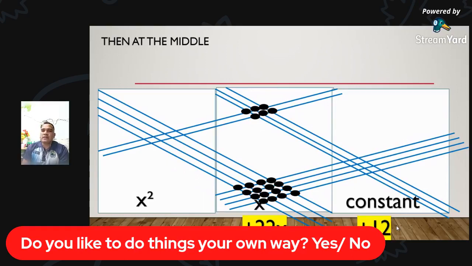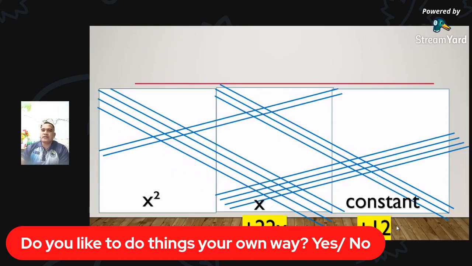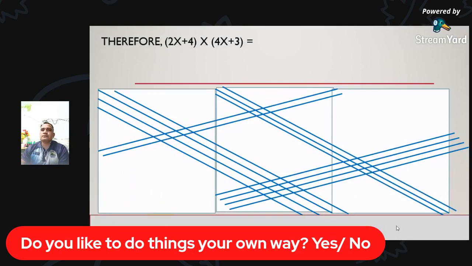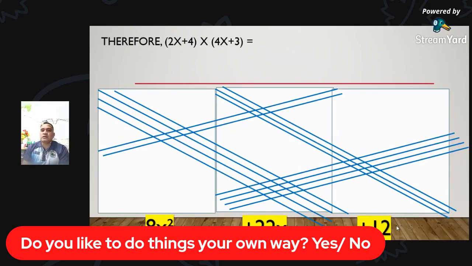Next, let's find the intersection at the left area. We have 1, 2, 3, 4, 5, 6, 7, 8. Now we have 8x squared. Therefore, 2x plus 4 multiplied to 4x plus 3 is equivalent to 8x squared plus 22x plus 12.